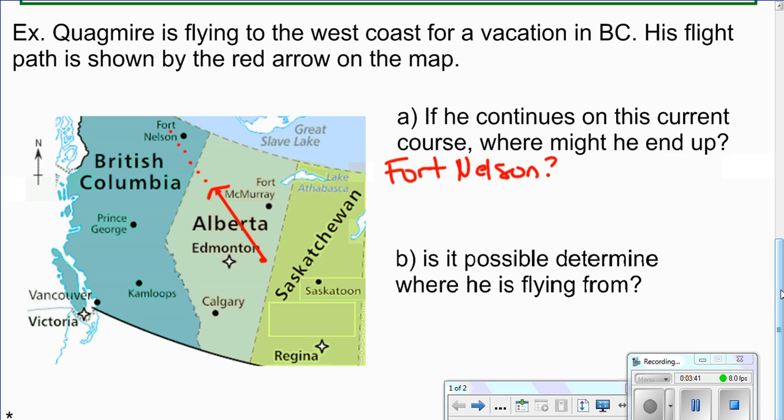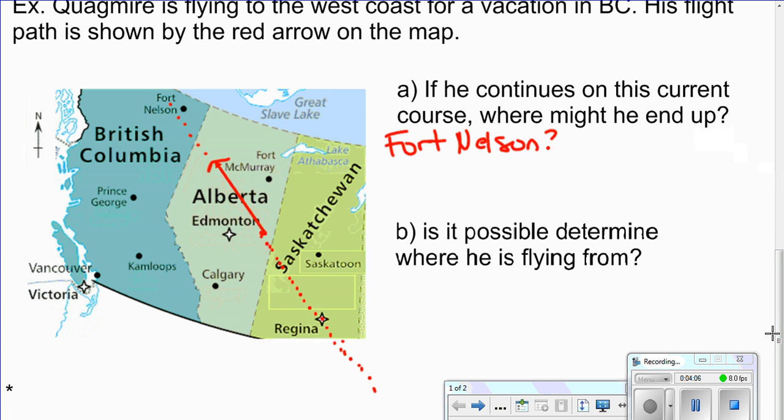And so when we look at B, is it possible to determine where he is flying from? So again, we want to extrapolate, but going backwards. So if we extrapolate it backwards, okay, so maybe he's flying from Regina, but we don't know. Did he start flying in Canada? Maybe he started flying in the US, right? Or maybe beyond. Like, we don't know where he started from.